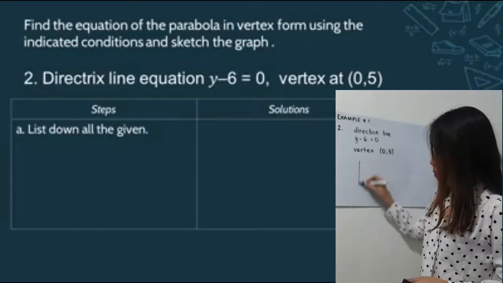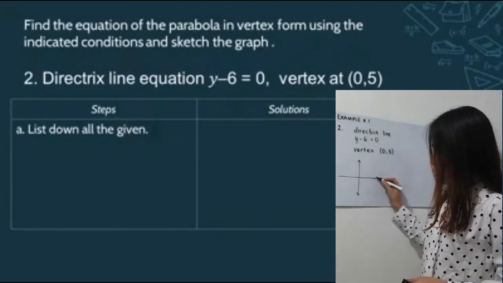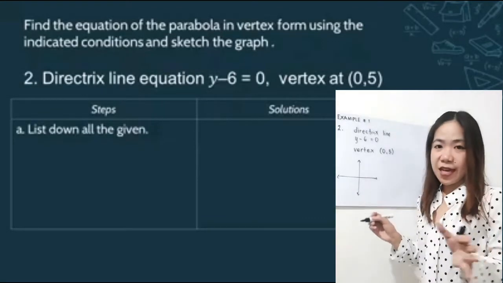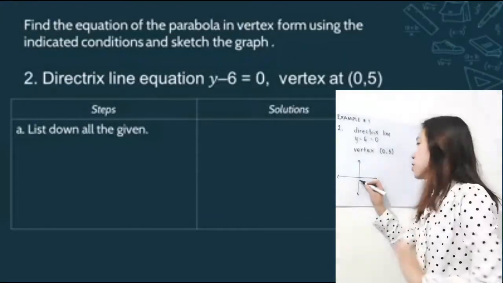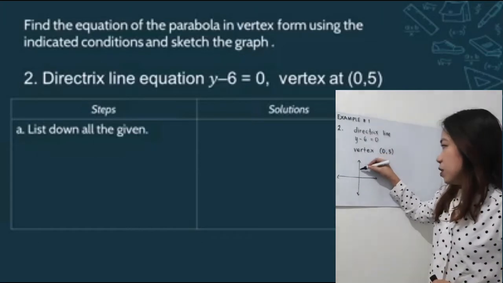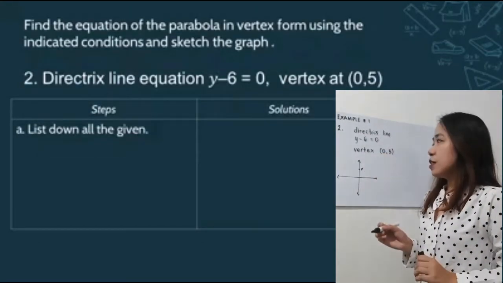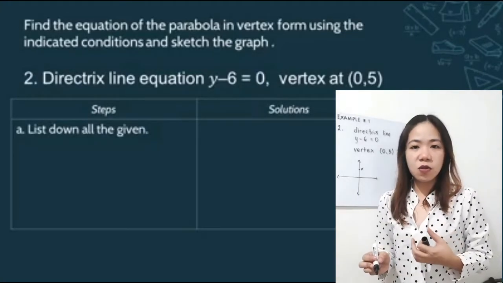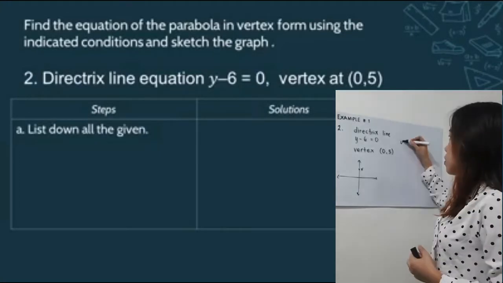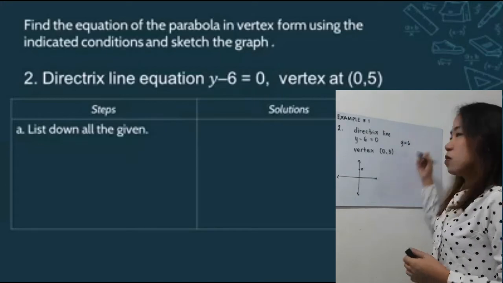So let's sketch the graph. This is just a rough sketch. So we have (0, 5) as the vertex that is at the positive y-axis. And then the directrix is y minus 6 equals 0. Remember, this can be rewritten as y equals 6.